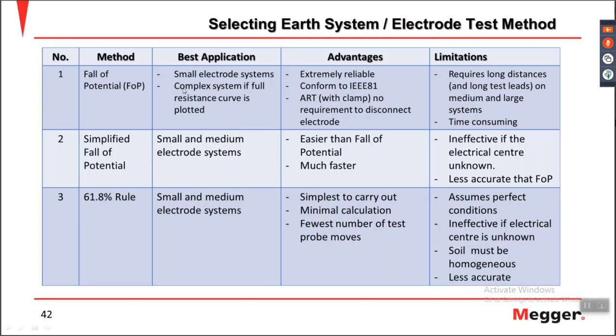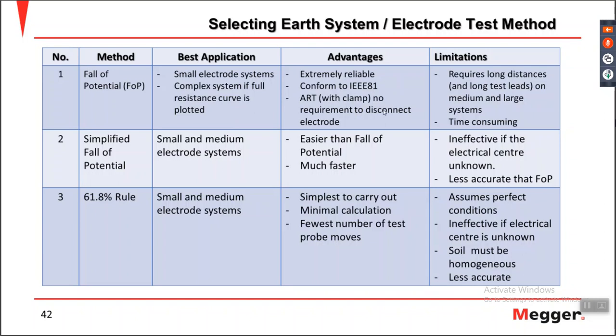Best application is a small electrode system, and also a complex system if the full resistance curve is plotted. It also has advantages because it conforms to the IEEE standard and is extremely reliable, and with IRT with clamp, there is no requirement to disconnect. So it is still possible without disconnecting the ground system as long as you use the IRT attached rod technique.